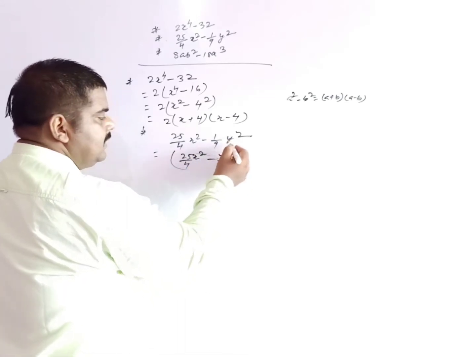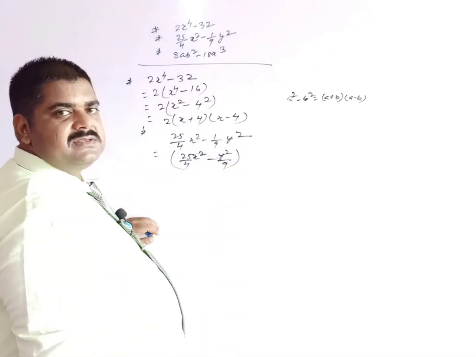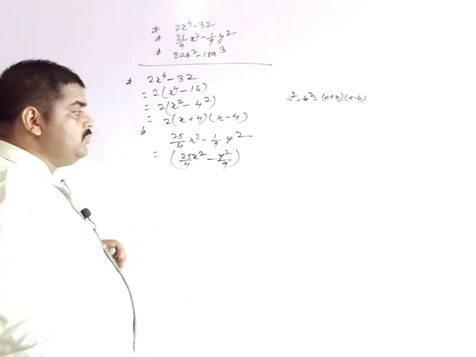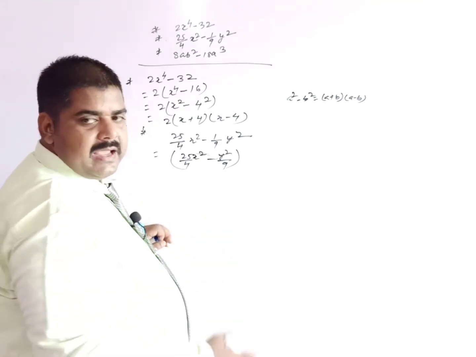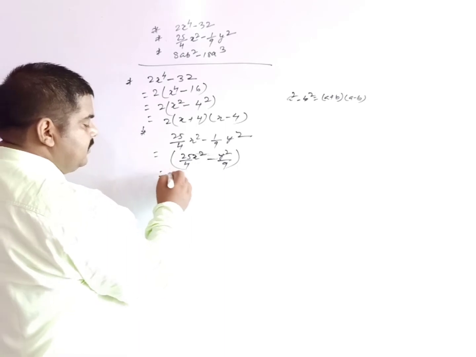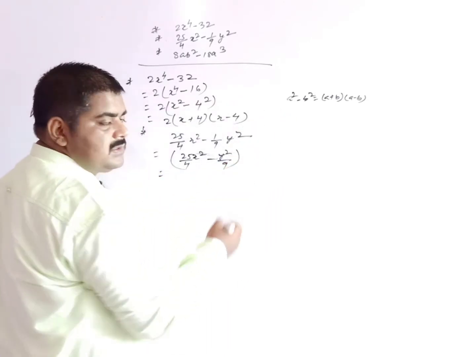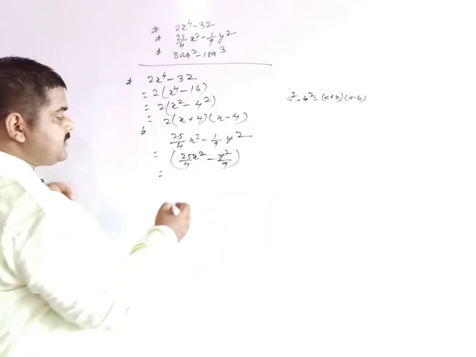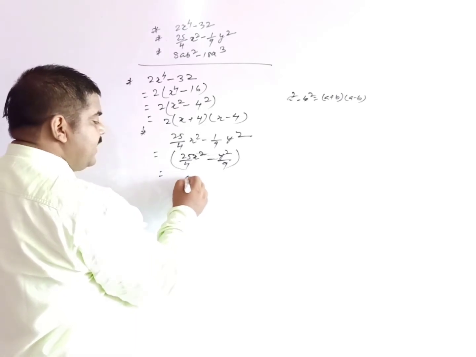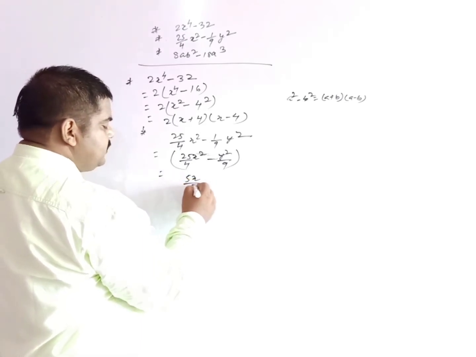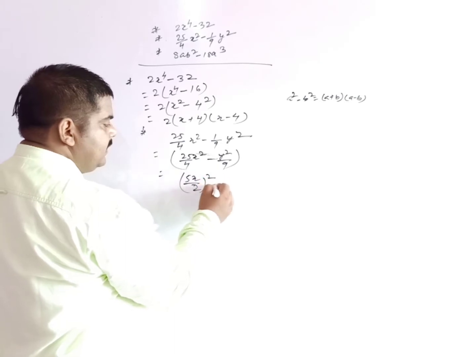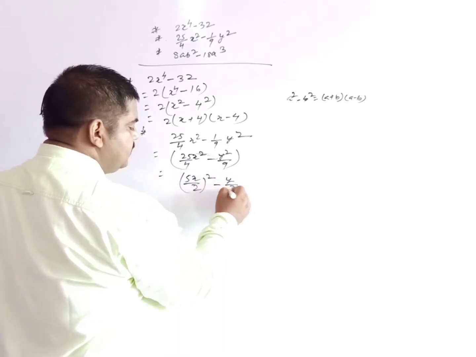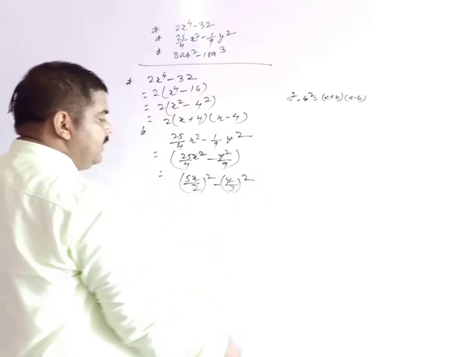Because generally when there is a y square, it means it is multiplied with the numerator. So you can write in this format also. And try to express it like a square minus b square. How can you do so? Actually 5x upon 2 whole square minus y upon 3 whole square.